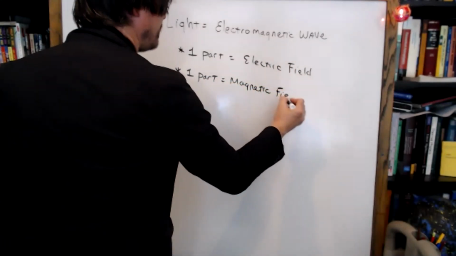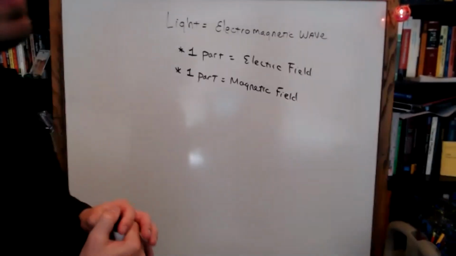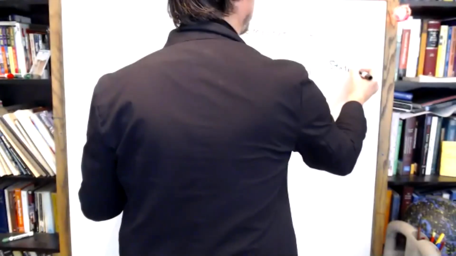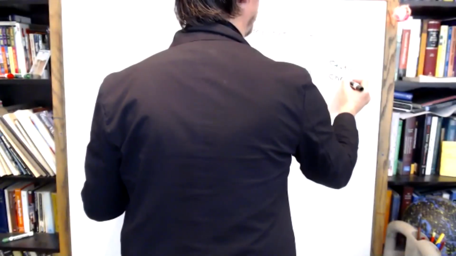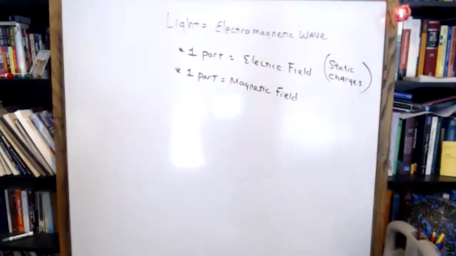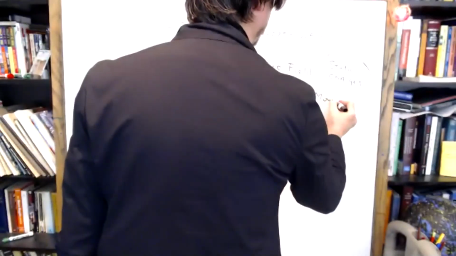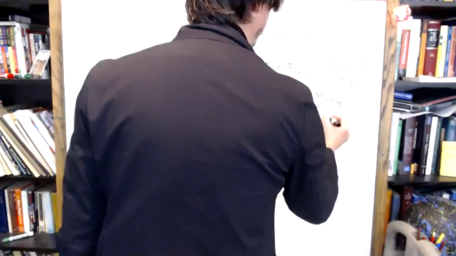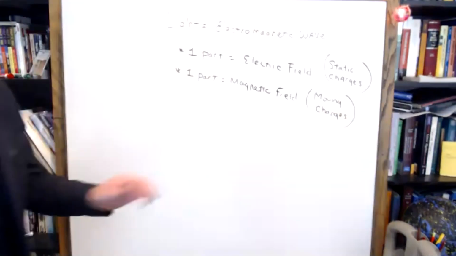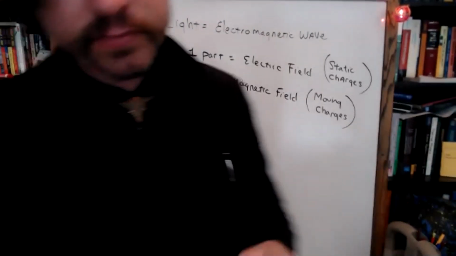You guys will learn about the electric field and the magnetic field over time. The electric field is associated with static or non-moving charges, whereas the magnetic field is associated with moving charges. But fields are kind of like the essence of charginess that comes from your proton and your electron.